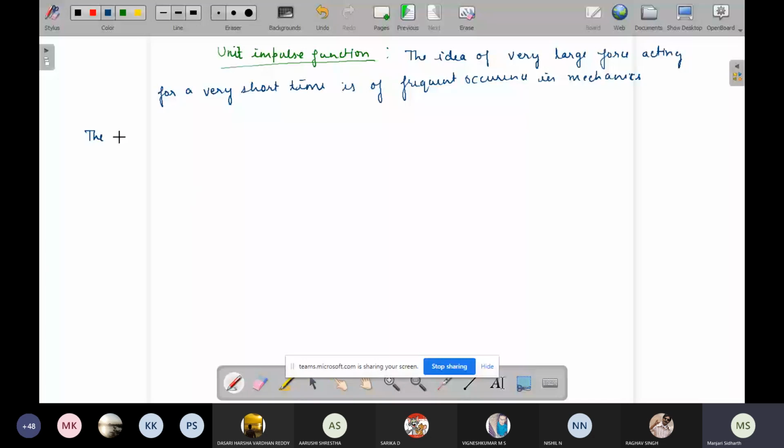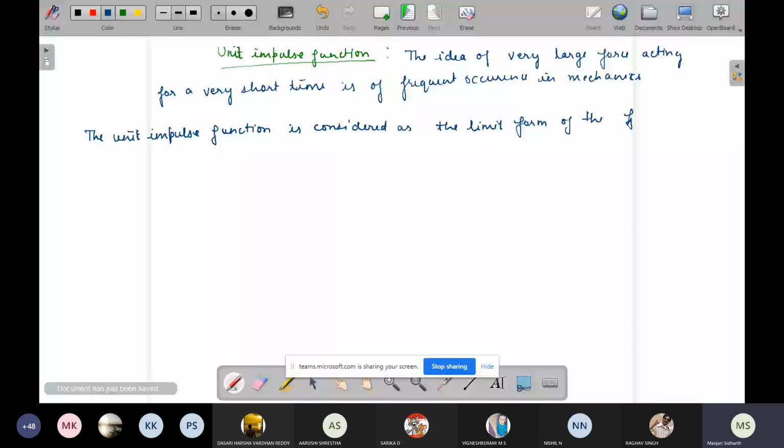So the unit impulse function is considered as the limit form of the function, this delta epsilon, with notation t minus a.